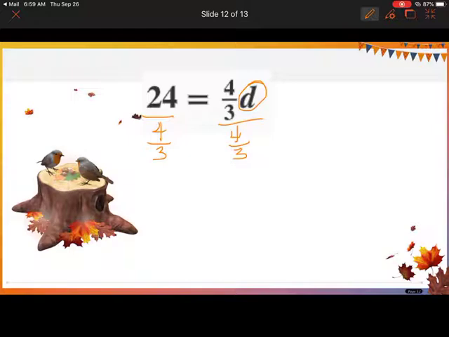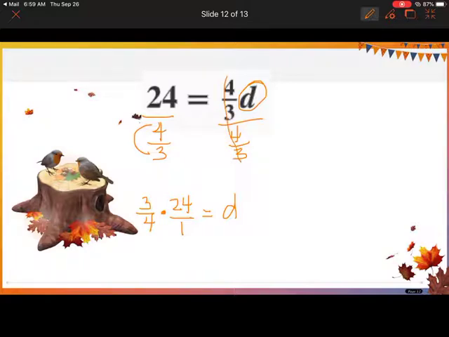So the reciprocal means I flip the top and bottom, so I multiply by 3/4. When I multiply fractions, I put a 1 under the whole number. This 4/3 over 4/3, if you want to check in your calculator, is 1.